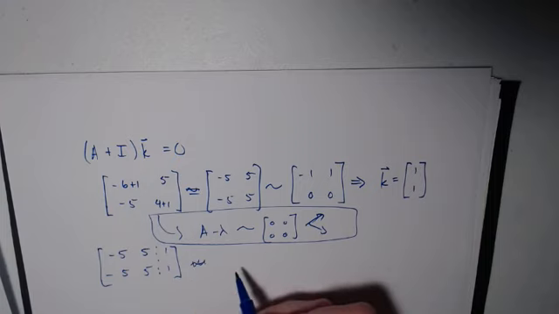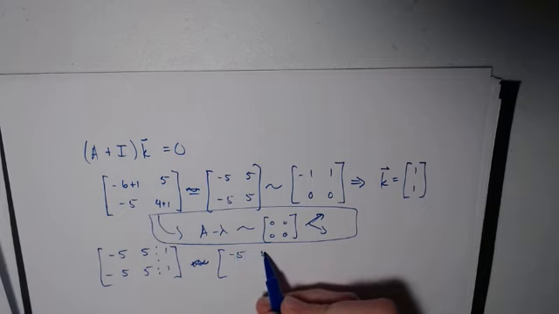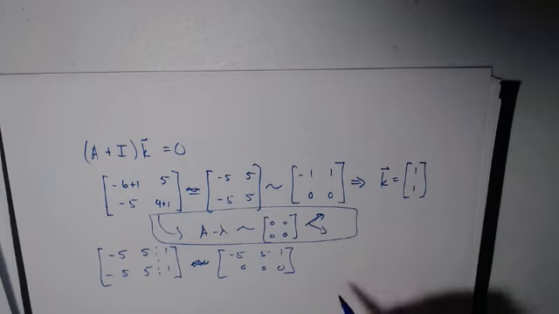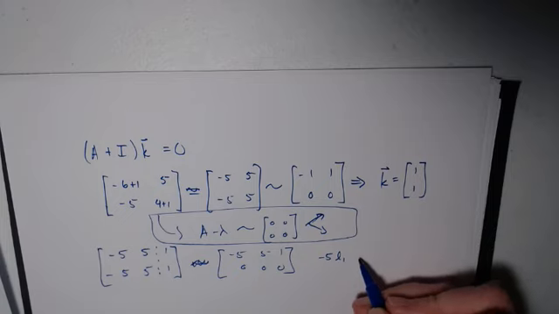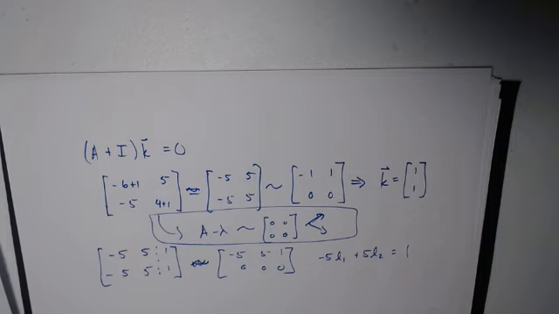Really, I guess we shouldn't row reduce it; we're there. We'll write the row reduction step. This is [-5, 5 | 1; 0, 0 | 0]. That's the step that I wasn't sure whether or not to skip. I'm going to go ahead and write it out. And this says that -5 l1 plus 5 l2 equals 1.